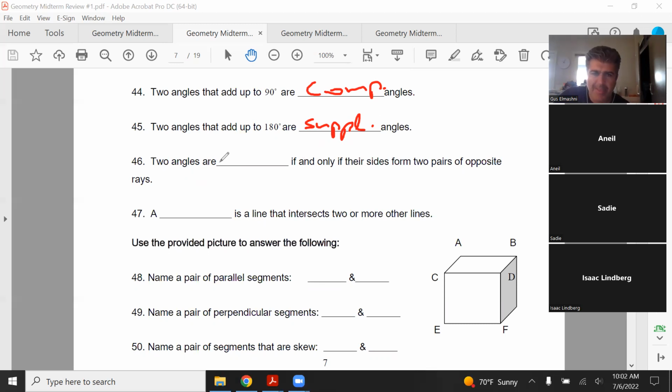Not sure what's meant by that. Two angles are, I guess, supplementary. Yeah, because if they form opposite rays, say I put A, B, C, and D, so BA and BD are opposite rays.